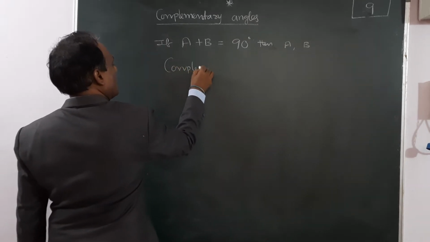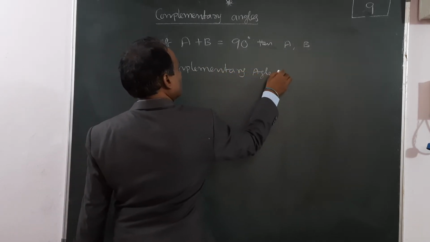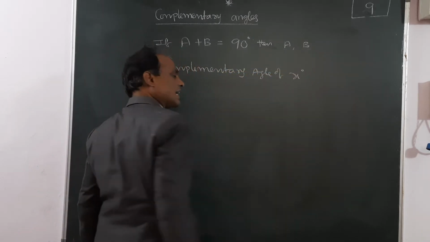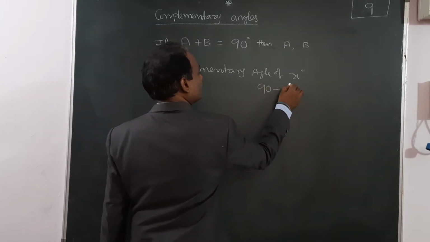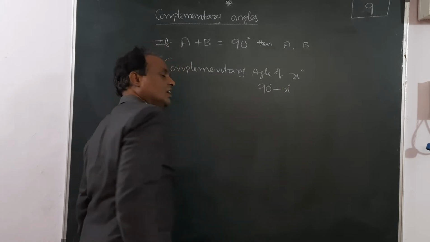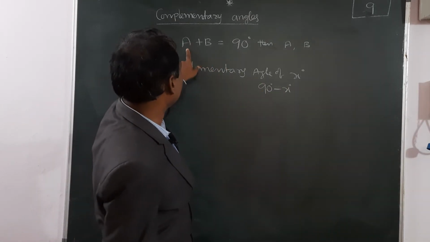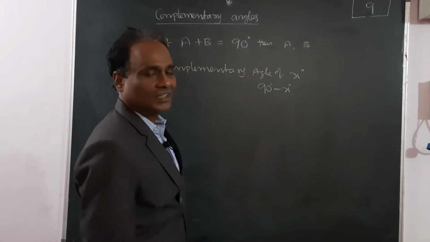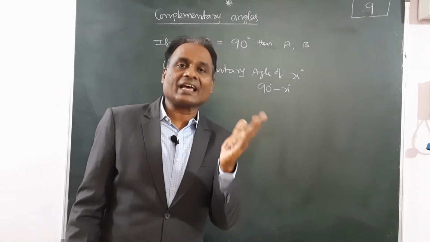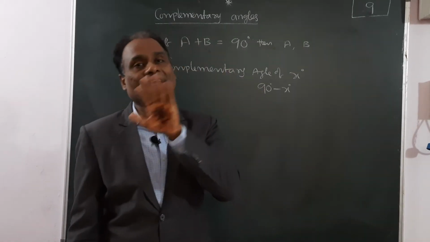See here, complementary angle. Suppose one angle is x degrees, what is the other angle? 90 minus x. If one angle is A, the other angle is equal to 90 minus A. If one angle is 10 degrees, the other is 90 minus 10.